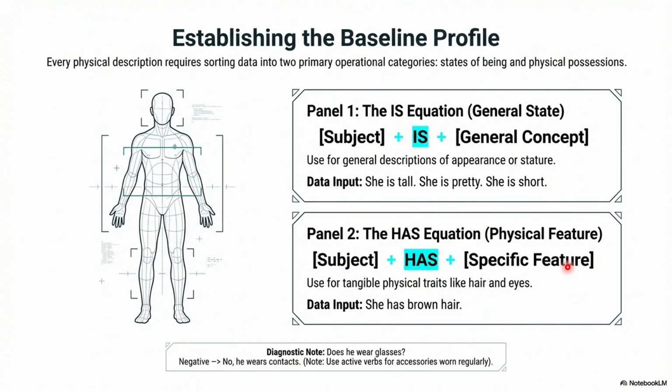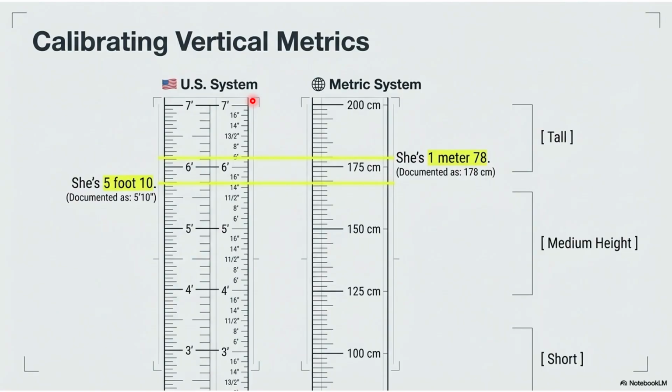Here we have physical feature, something that is unique for that person. For example, she has brown hair. That is a physical feature. Okay, because not everyone has brown hair, so you can identify that person with that. Here we have the vertical metrics.